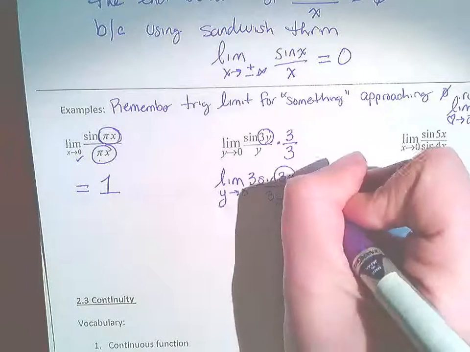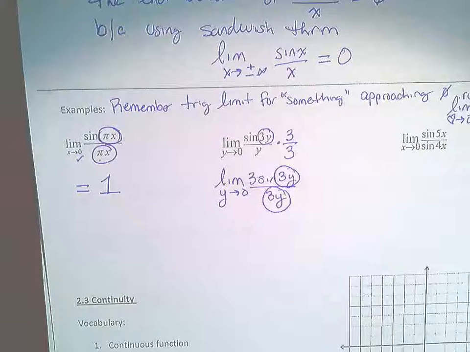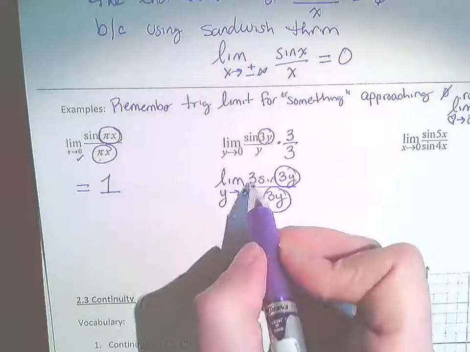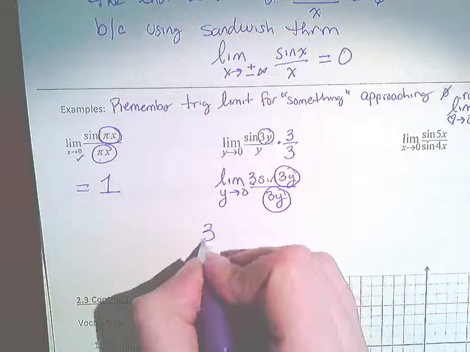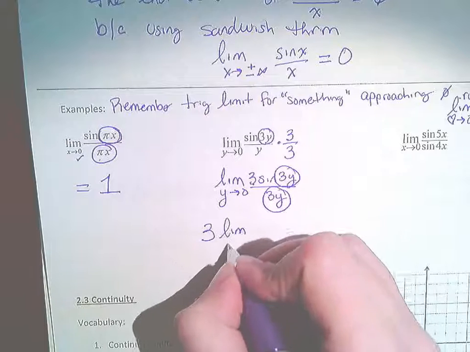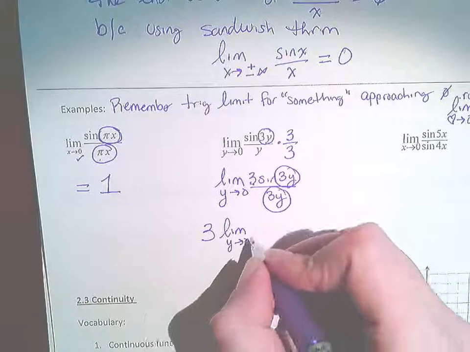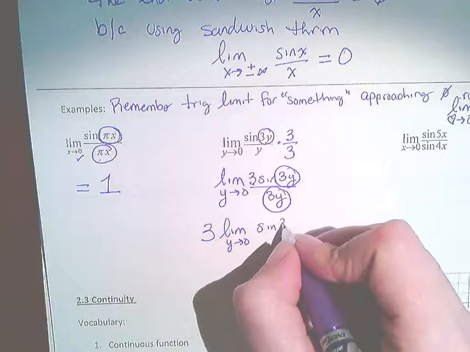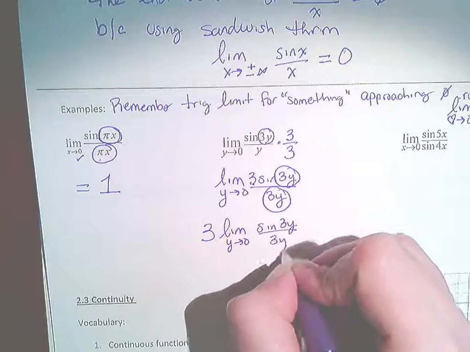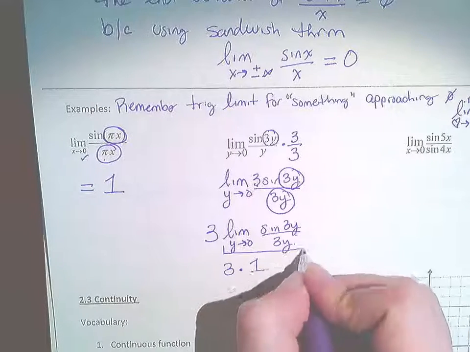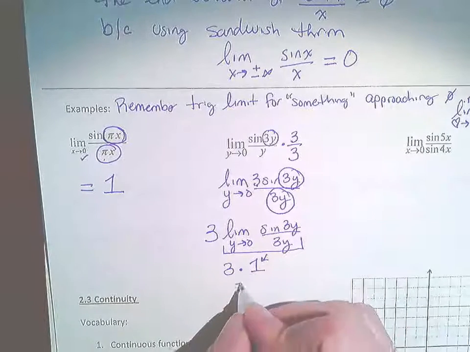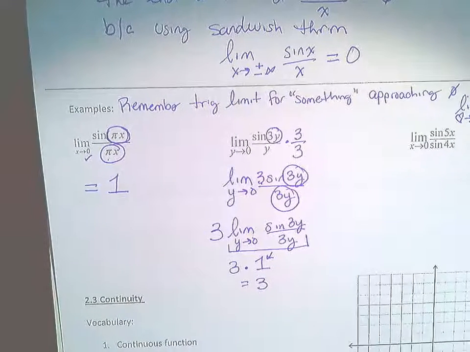So now I made my two terms the same. What do I do with this 3? I pull it out. So I'm left with 3, and what is the limit as y approaches 0 of sine of 3y over 3y? It's going to be 1. So this whole thing right here equals 1. So the limit is equal to 3.